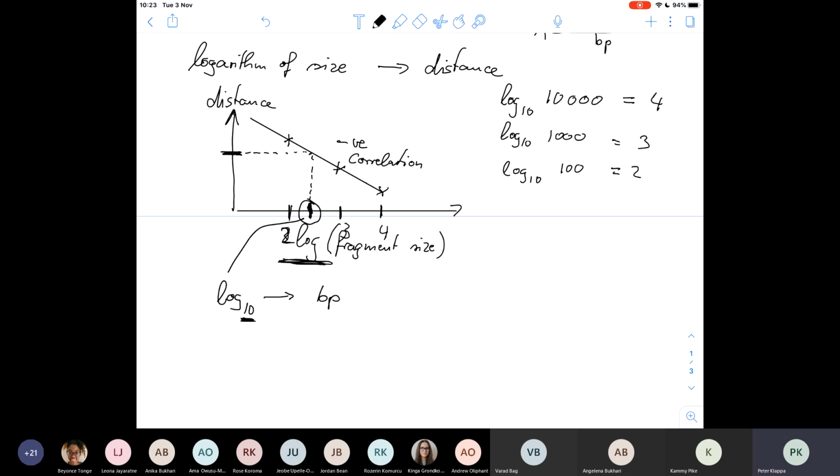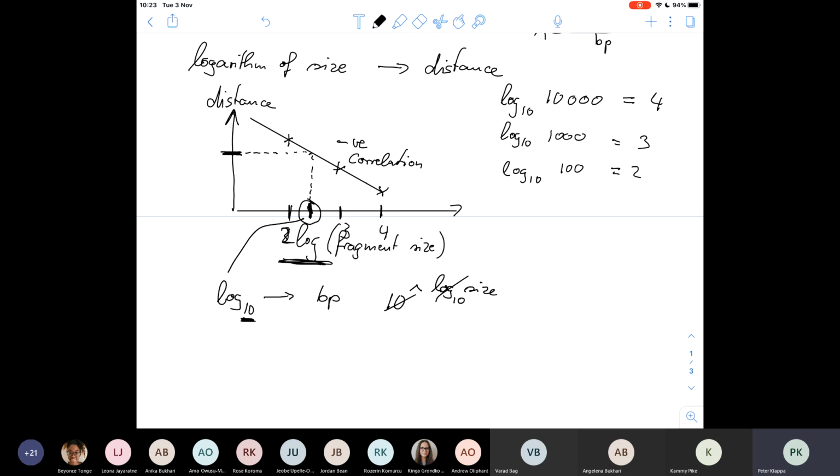Absolutely right. So it would be 10 to the power of this log size if we are using log 10, because 10 and log 10 cancel out.